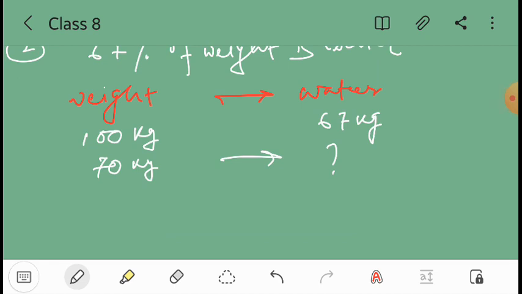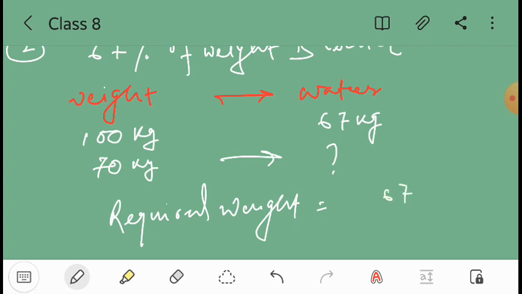So our required weight is 67 by 100 into 70. This will cancel out.